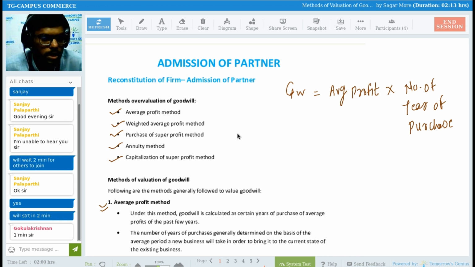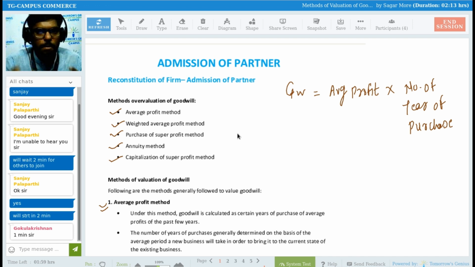So what is the number of years of purchase here? The number of years of purchase is nothing but a multiplication. So you are saying the average profit is 20,000. Okay sir, the average profit is 20,000. But what is the maximum capacity of the company, how much maximum amount the company can earn, that is the number of years of purchase, right?